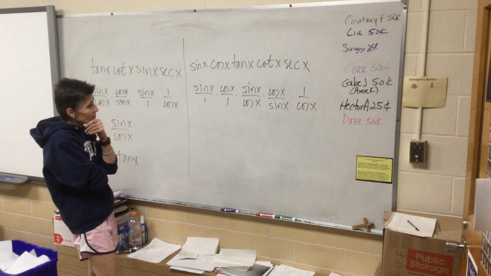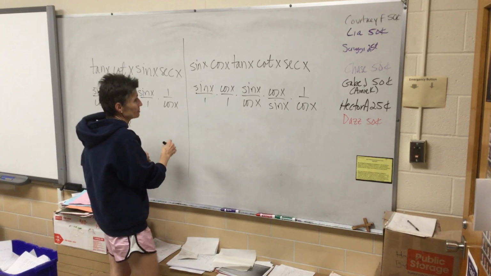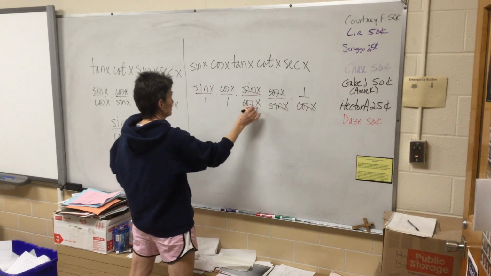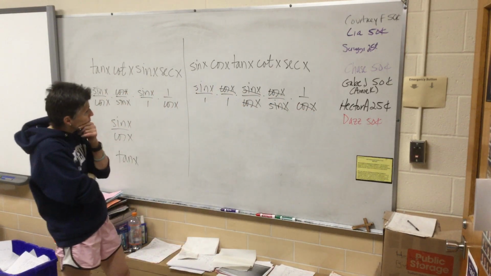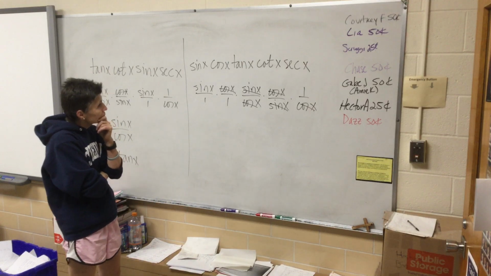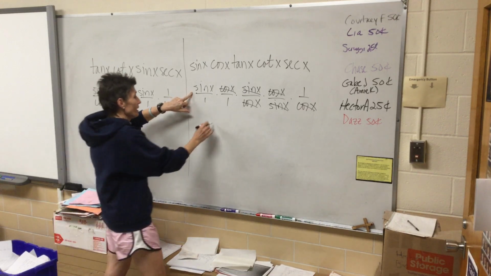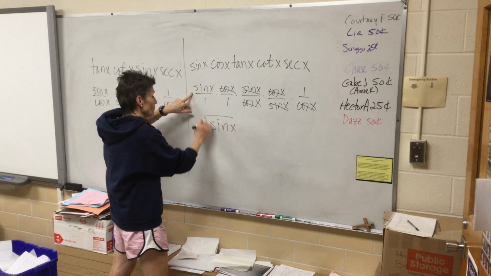Perfect. And then you could cancel out 2 of the cosines, and then the other 2 cosines, and then 2 sines, and you're left with sine x. Yep, I think you're right. Sine x. Perfect. Beautiful, beautiful, beautiful.